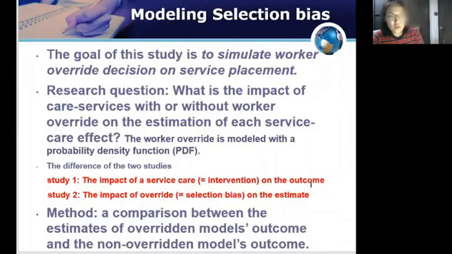In this simulation study, my goal is the impact of selection bias, whatever it is called here, override, on the outcome estimation, not just the outcome.